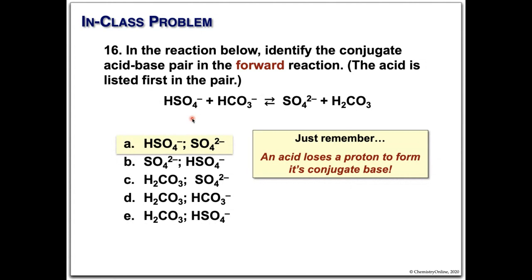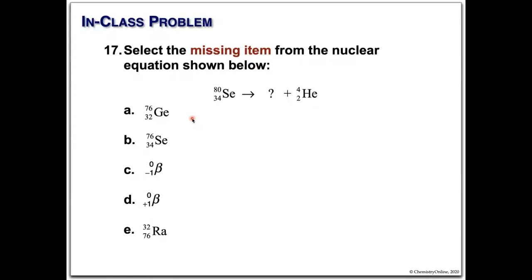Number 17. Oh, we're doing a little radioactivity here. Here we have selenium 80. It is losing an alpha particle, and it forms something. What does it form? As you look at this, you notice selenium, atomic number of 34.